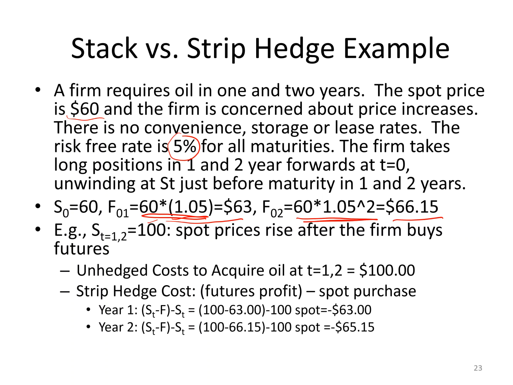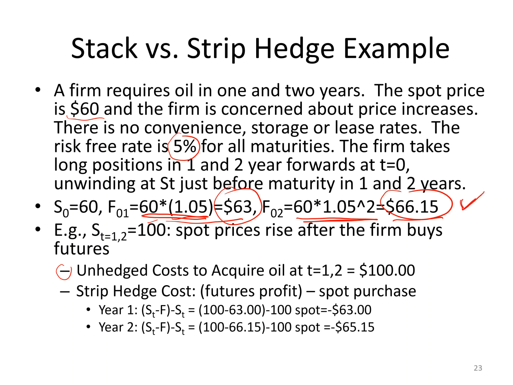So what if in a strip hedge, this firm could buy a contract for the 1-year delivery at 63 and buy a contract for the 2-year delivery at 66.15. Now if they do that, let's assume they put on those two hedges, and then the worst case scenario happens to them.